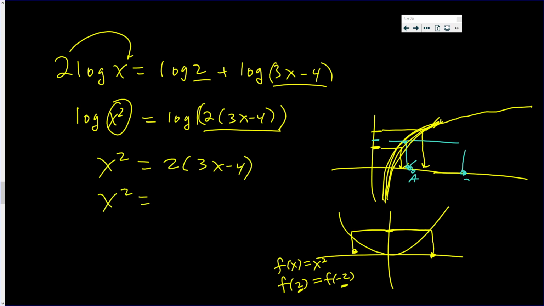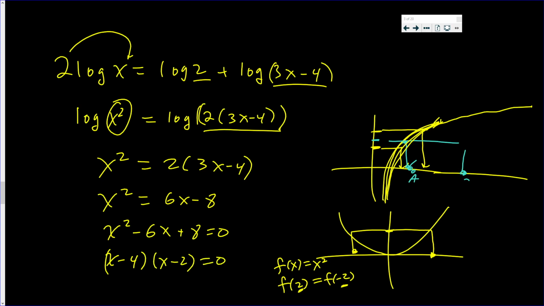So x squared is 6x minus 8. That is x squared minus 6x plus 8 is 0. x minus 4 times x minus 2 is 0. Those two numbers multiply out to positive 8, negative 4 and negative 2, and they add up to negative 6. So, either x is 4 or x is 2.